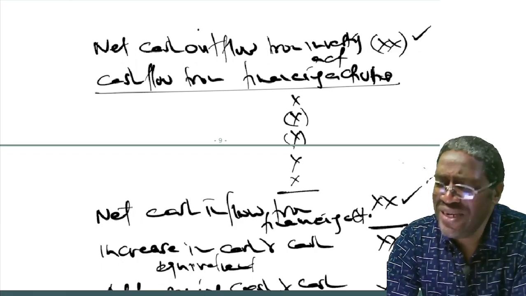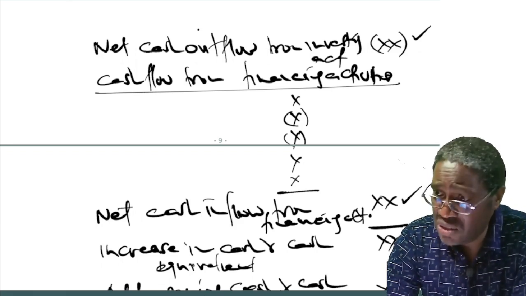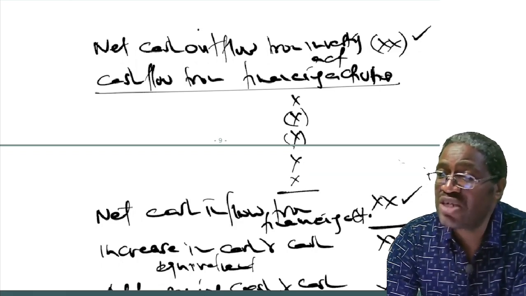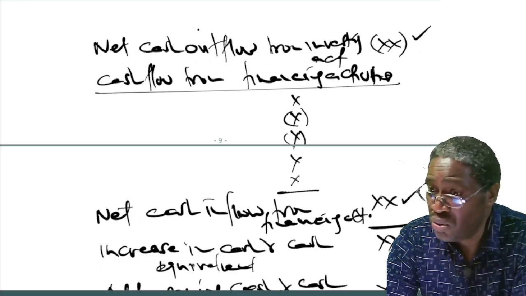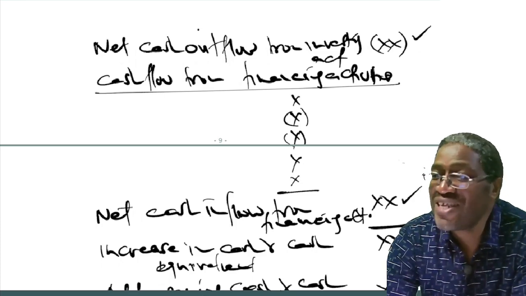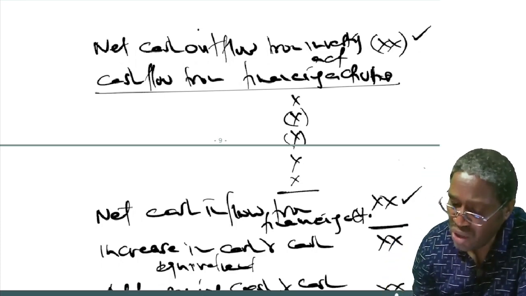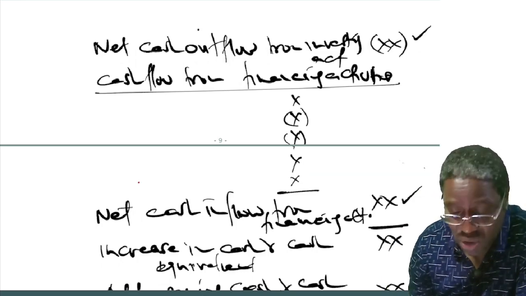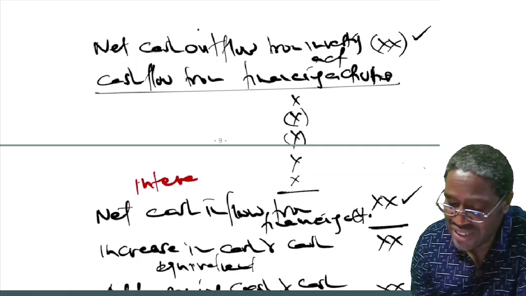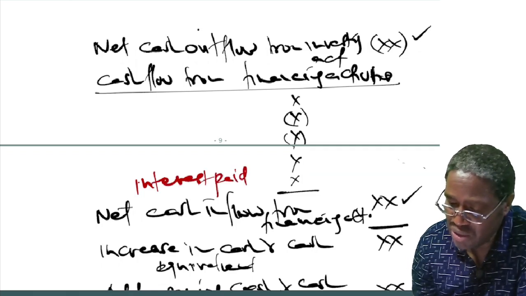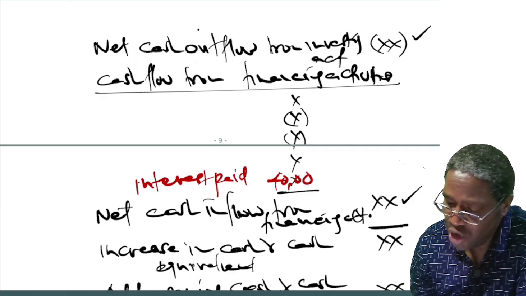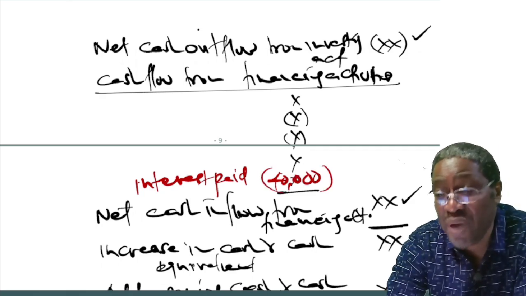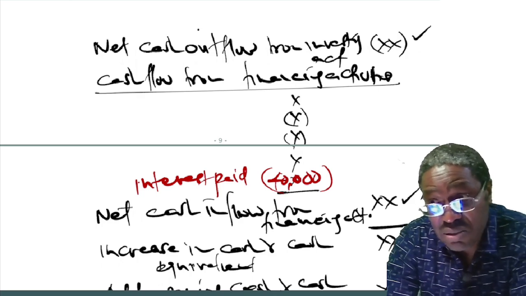Whenever you pay interest or returns to financiers, we normally classify that payment to the financiers as a financing activity. So among your cash flow items, in your financing activity category, there you will now have that interest paid, how much? 40. I hope you are getting it. It's obviously a negative because you paid it.